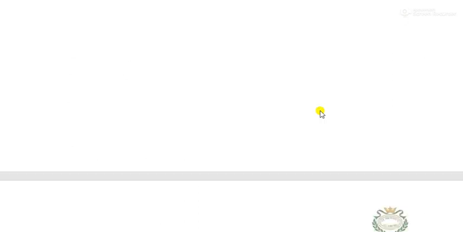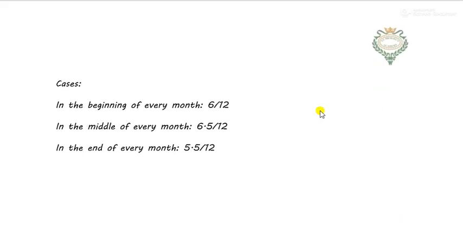However, there are three cases in total. Case 1, a partner withdraws a certain fixed amount. It will only work if a fixed amount of money is withdrawn by a partner every month. If it is withdrawn in the beginning of every month, then we won't multiply the interest with 6 by 12.